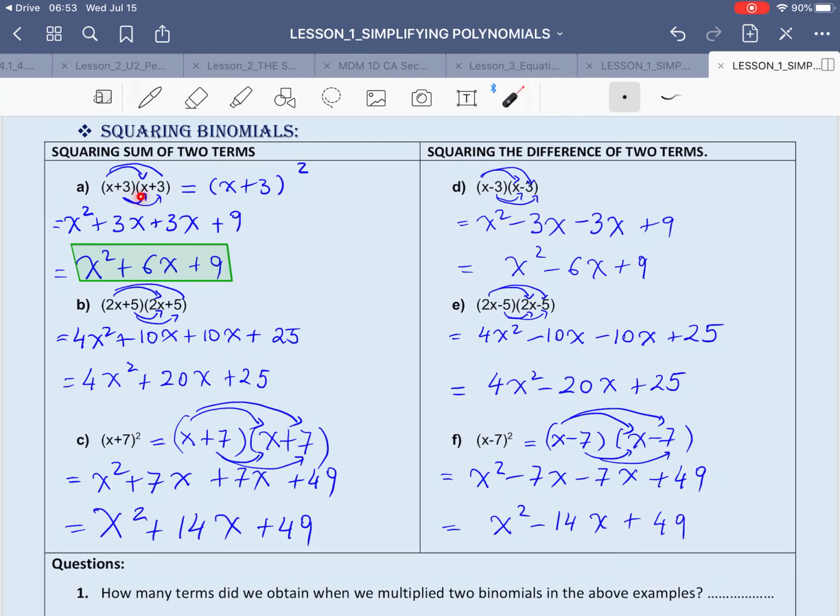In other words, we're going to say that when we expand a binomial to the power of 2, then the expansion will give the first term squared, and then the last term squared. And there is this middle term in here, 2ab.